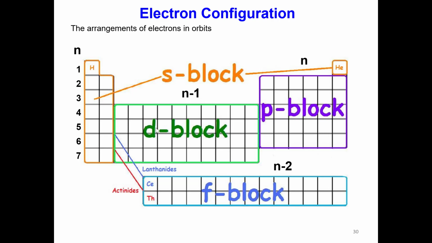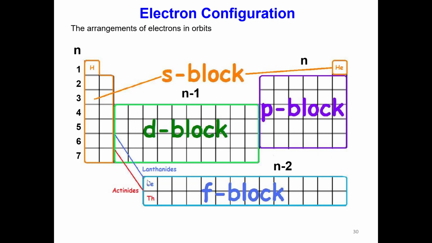It's not 5, it's 5 minus 1, which is 4. And the same happened with number 6. Then this part is number 6, and here will be 5. This is 7, and this part will be 6. In the last group, in this block, then it is n minus 2. And we will see why this is correlated to this one in the next slide.